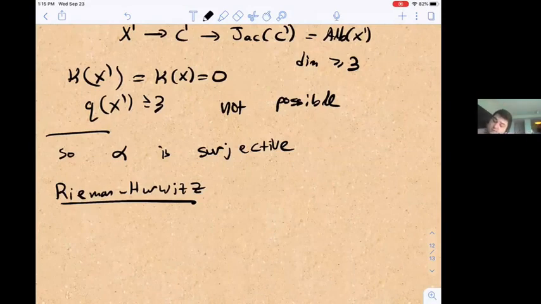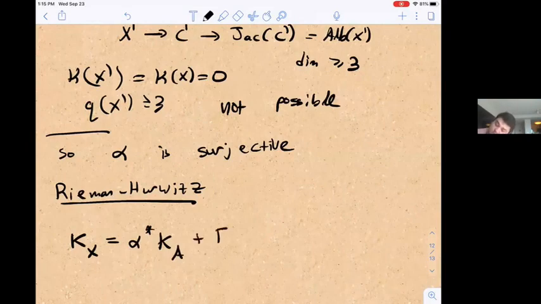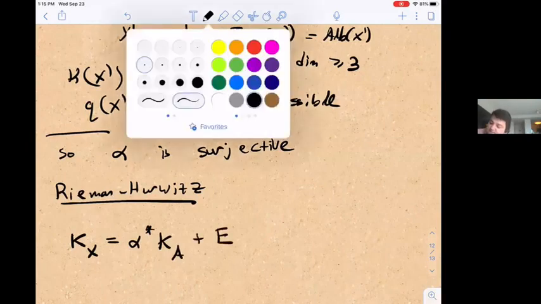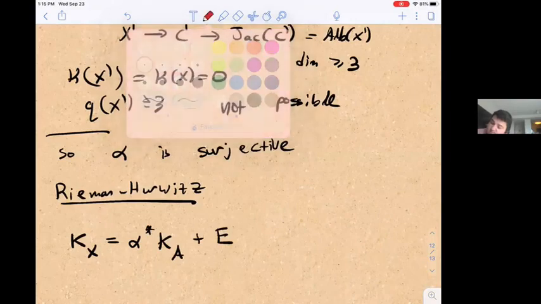And so the difference between the canonical and its pullback is exactly the ramification of the map. Or to put another way, Kx is alpha upper star Ka plus some E, where E is the ramification divisor. But the important point is just that it's effective.